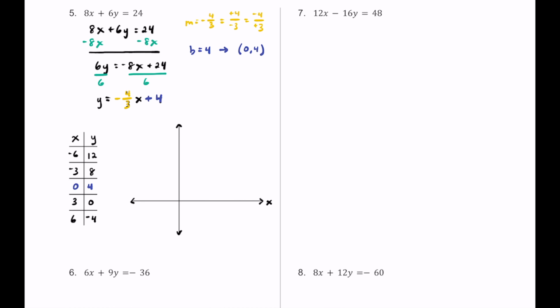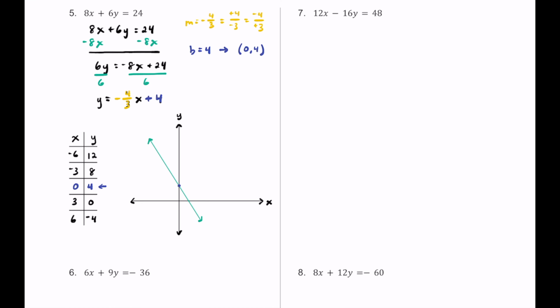All right, now for a quick graph. Let's see here. We have a slope that's, I guess, a little on the steeper side, but not too steep. Let's go ahead and maybe do something like maybe something like here. Okay, and then let's kind of work around this one the best we can. And so we will start with this 0, 4. I'm going to plot that one right here along the y-axis.